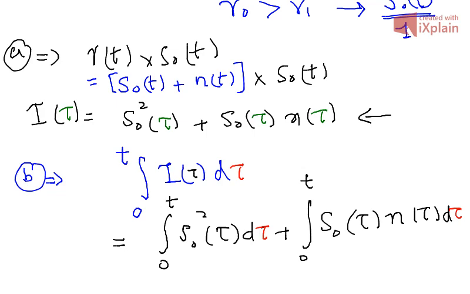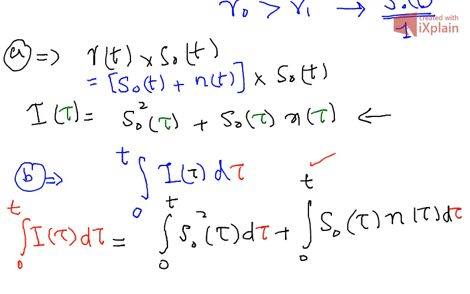Now we have to observe this integral. This is the output of the integrator, which is the integral from 0 to t of I of tau d tau. This is the output of the integrator at any instant t.